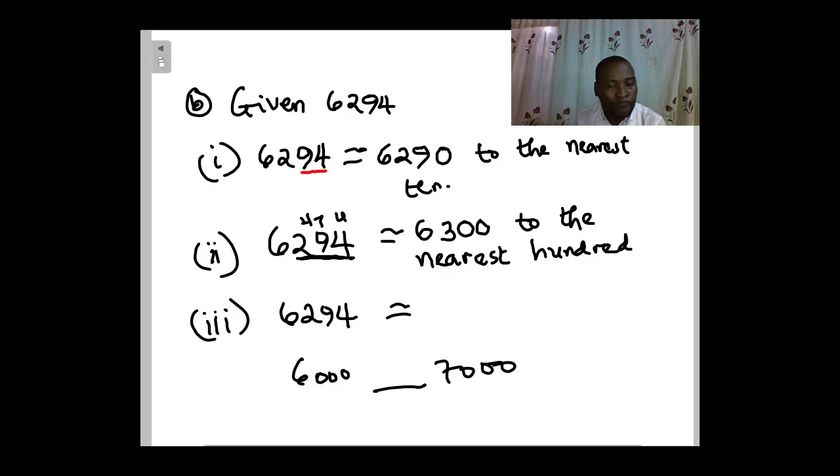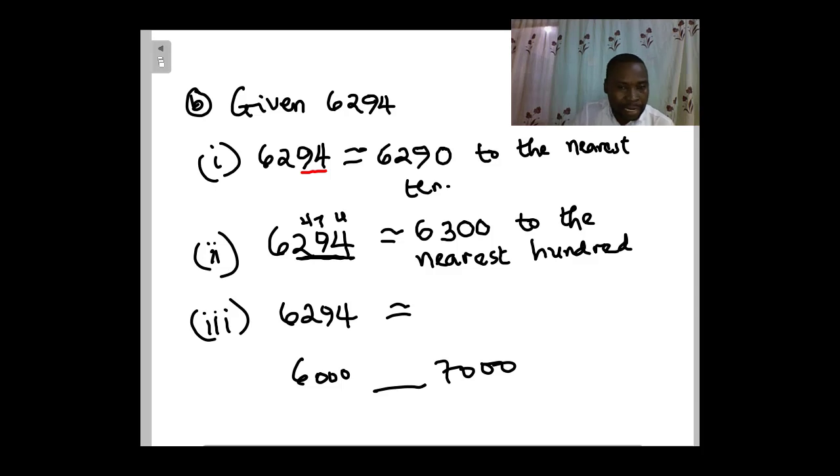I promise you, you're going to count nothing less than 700 steps, 706 steps before you can reach 7,000. But the person counting backward to 6,000 is going to count barely 300 steps, not even up to 300 steps.